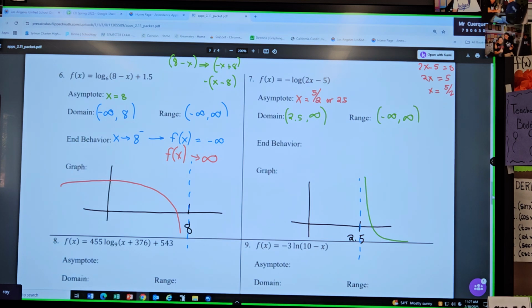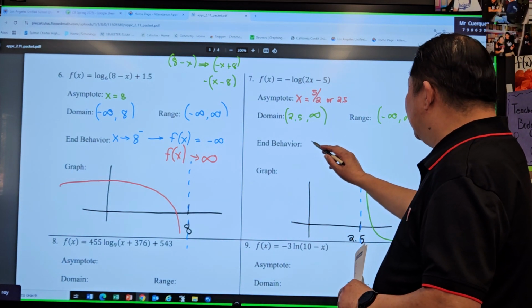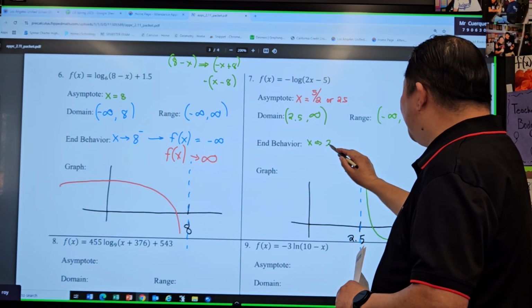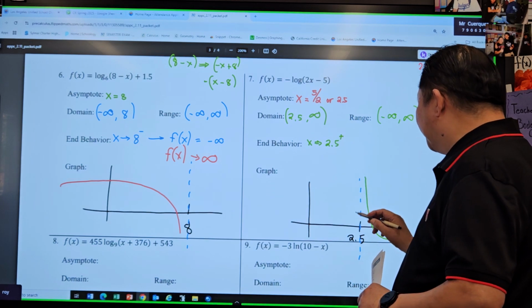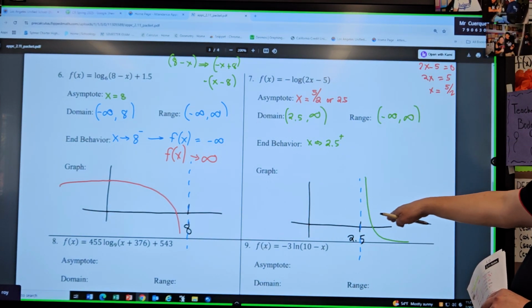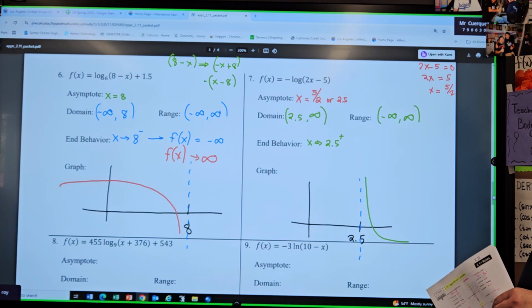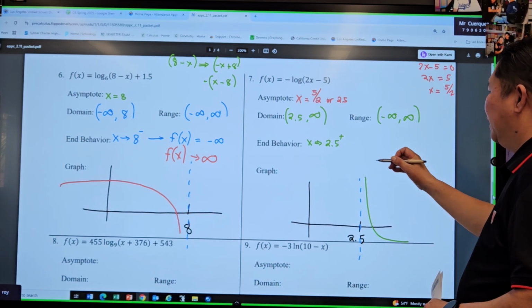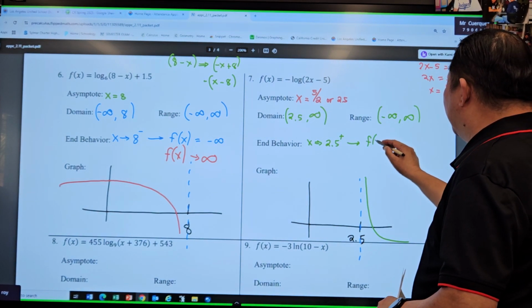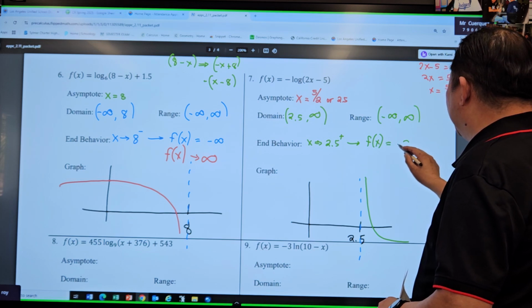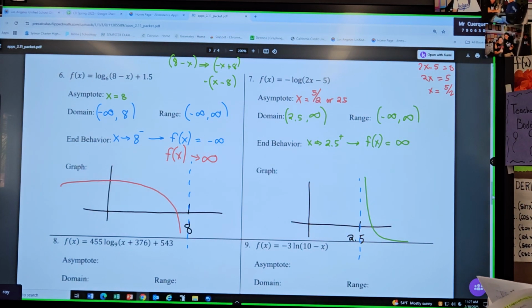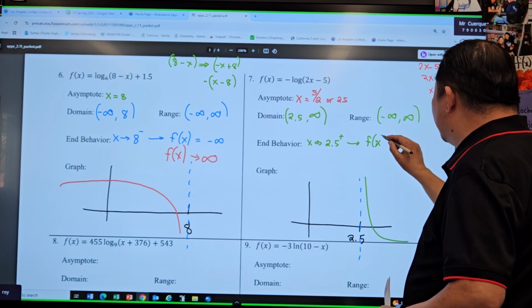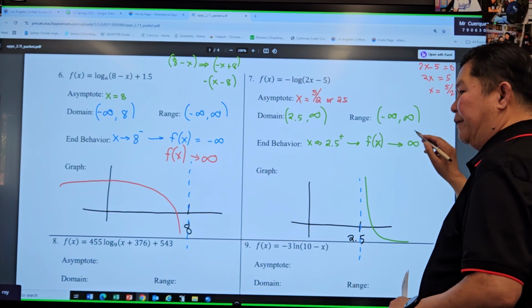Right of 2.5, that means it's going to be positive infinity, right? Instead of putting equals, f of x is approaching positive infinity.